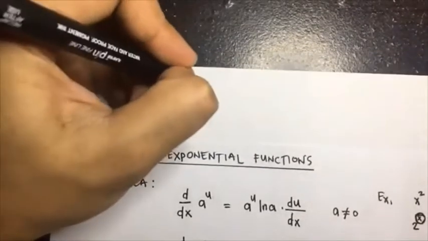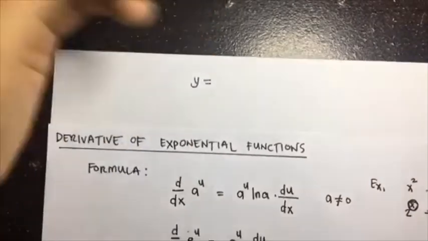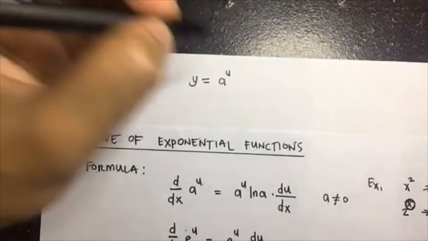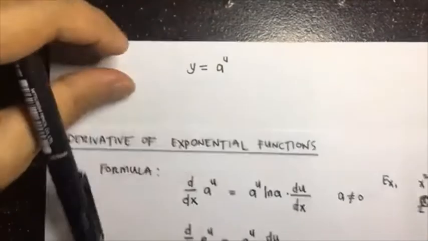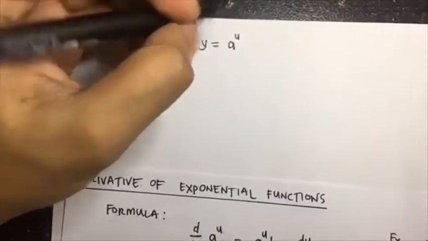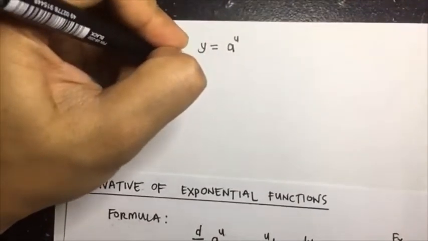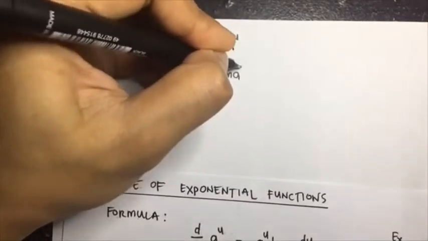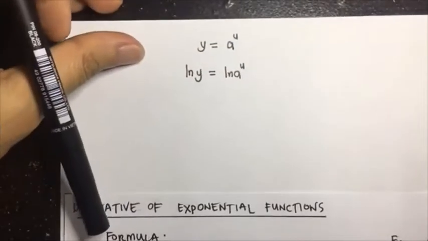Say for example, we have find the derivative of y is equal to a raised to u. What we actually do is we take the natural logarithm of both sides of the equation, so it will become ln of y is equal to ln of a raised to u.